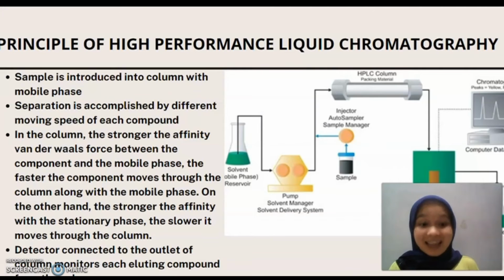On the other hand, the stronger the affinity with the stationary phase, the slower it moves through the column. And finally, the detector, connected to the outlet of the column, monitors each eluting compound from the column.